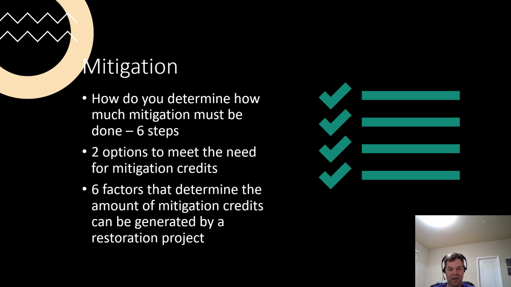If you're doing in-kind habitat, you can get a mitigation credit. And then the last factor is location. And this deals with, is the restoration project in the same watershed or drainage? If you're in the same 8-digit hydrologic unit as the impacted habitat, you get more mitigation credits for those types of projects.